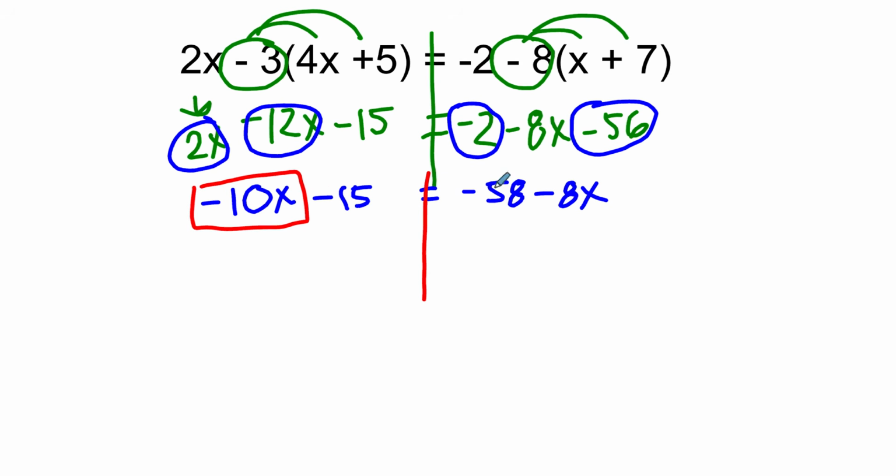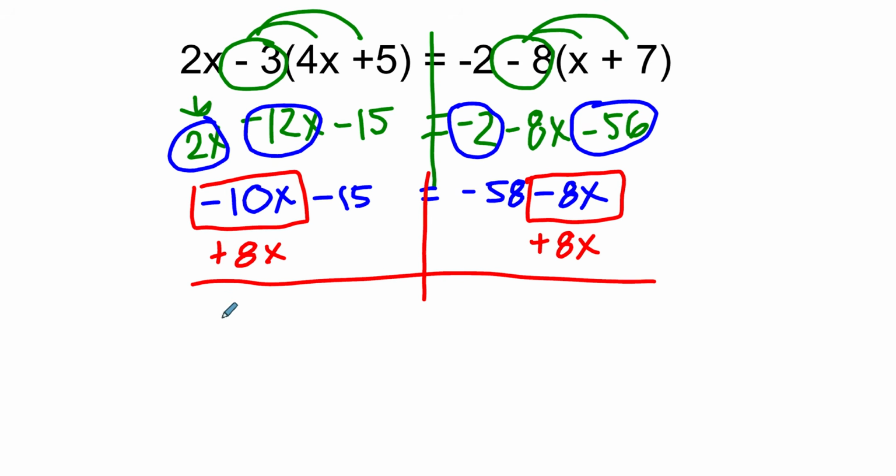Yes. We have a negative 10x and a negative 8x. Same side combine, opposite side inverse. So we are going to add 8x to the left side and the right side. That's going to give us negative 2x minus 15 equals negative 58.